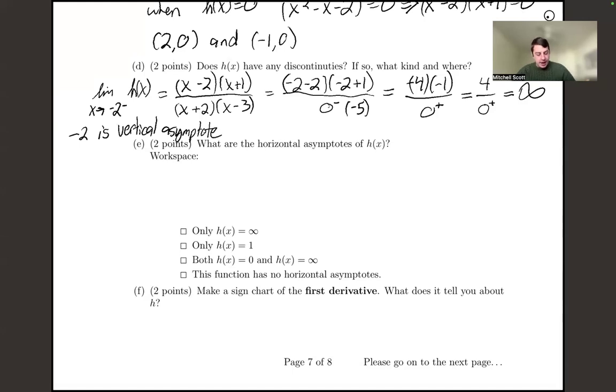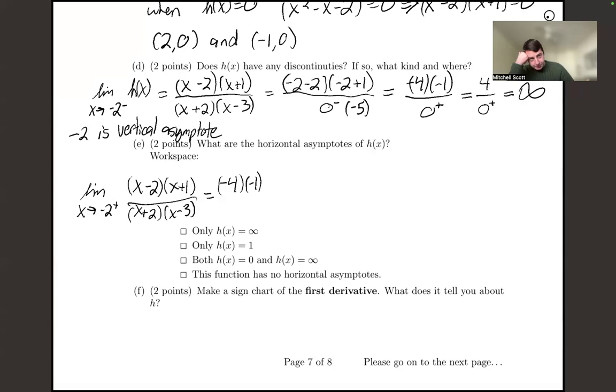Okay. And we could figure out the other side. I'm going to write it and then erase it, just because I think it might be helpful. If we do the limit as x goes to minus 2 from the right of this factored form, x minus 2, x plus 1 over x plus 2, x minus 3, we see that the top is still going to be minus 4 times minus 1.